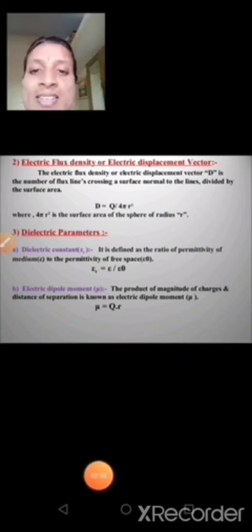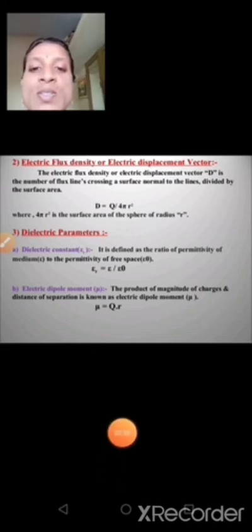Here 4 pi r square is the surface area of the sphere. Dielectric parameters are epsilon r and mu. Epsilon r is another name for the dielectric constant, and epsilon by epsilon naught gives us this dielectric constant. Electric dipole moment is represented by mu. It is the product of charge and the distance of separation between the two charges.